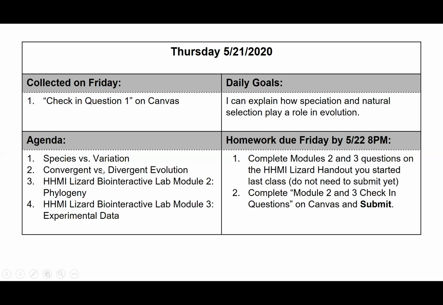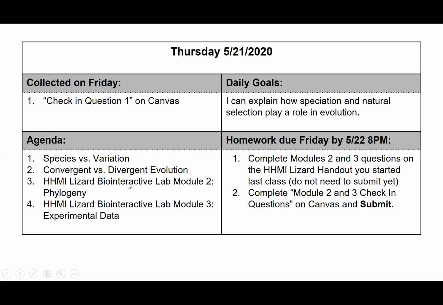We're then going to have to introduce the concepts of convergent and divergent, because one of the things you're going to find out is that's really the main focus of this entire module, to give you an idea of why species become species. And is it due to convergent evolution or is it due to divergent evolution? One of the final questions you're going to see dealing with our modules is going to be asking you something similar.